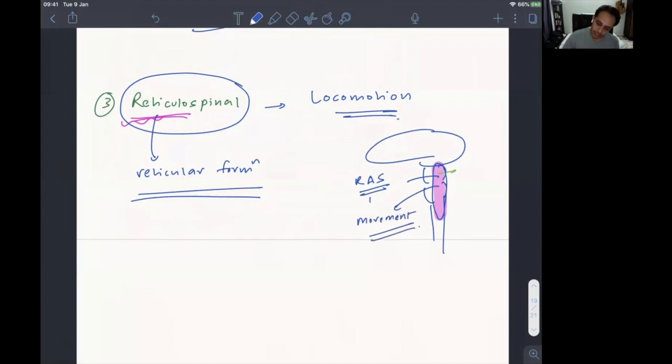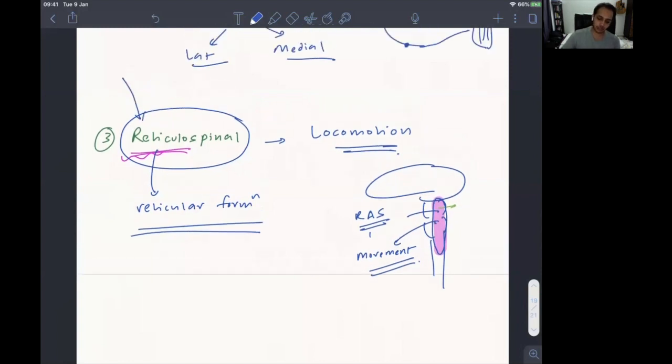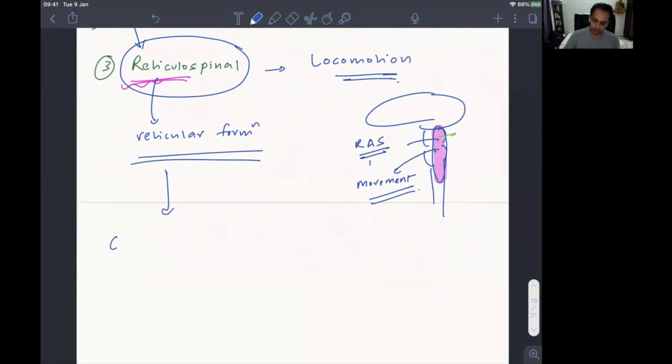And the tract that arises from the reticular system is known as reticulospinal tract. And the reticulospinal tract receives information from the cortex. So when we speak of the reticulospinal tract, we actually mean cortico-reticulospinal tract.